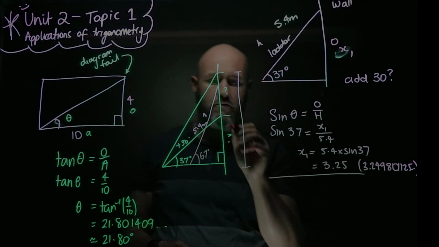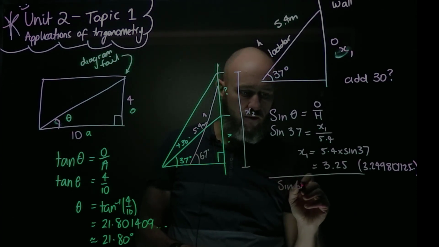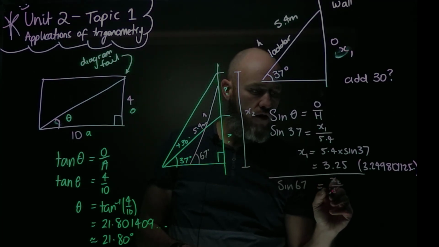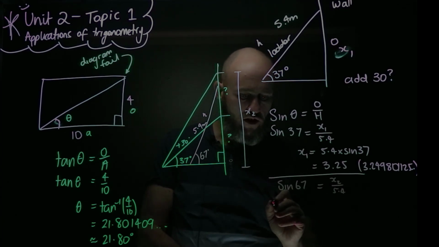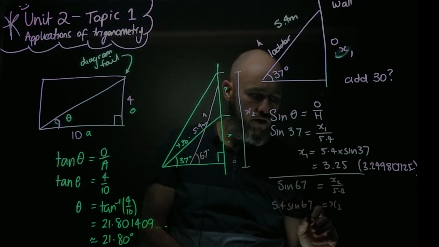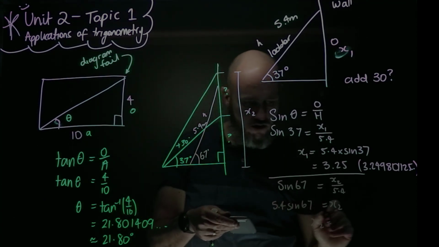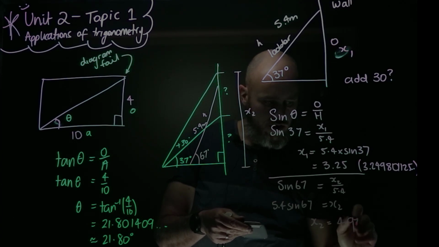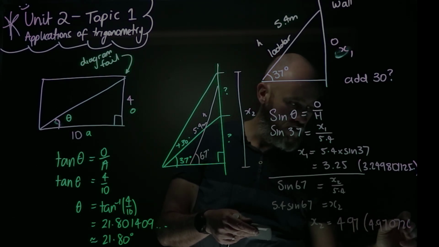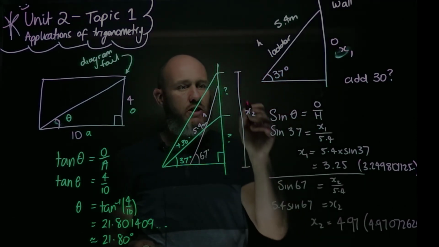So I'm going to call the height x2, and I'm going to now do sine of 67 is equal to opposite, which is x2 over 5.4, the length of the ladder, and I multiply that across. 5.4 sine 67 equals x2, and therefore x2 is equal to, and just change the number in the calculation, 4.97, or approximately 4.97072629... So you can get that value.